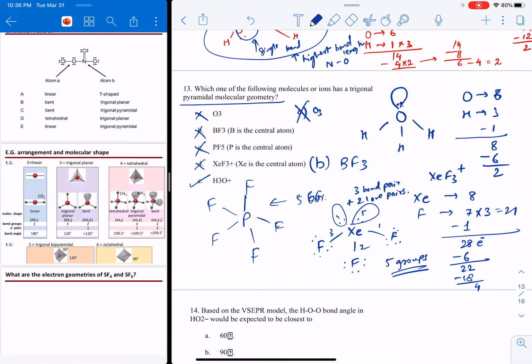So it has a positive charge for sure, and 4 electron groups. That's tetrahedral. Plus it has 3 bond pairs and 1 lone pair, and that exactly is the requirement for a trigonal pyramidal, if you see on the left side. So our answer is H3O plus.